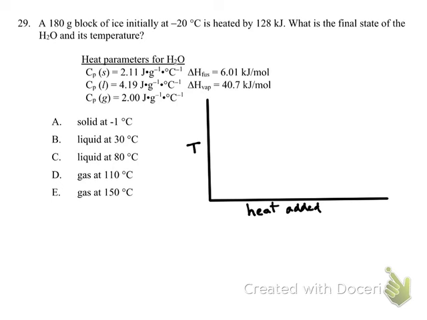So where this is starting, we have a block of solid water at negative 20 degrees Celsius. As we add in heat, it will warm up until it gets to the melting point, which for water is 0 degrees Celsius. Once it reaches that point, we add in heat, but yet the temperature doesn't increase.